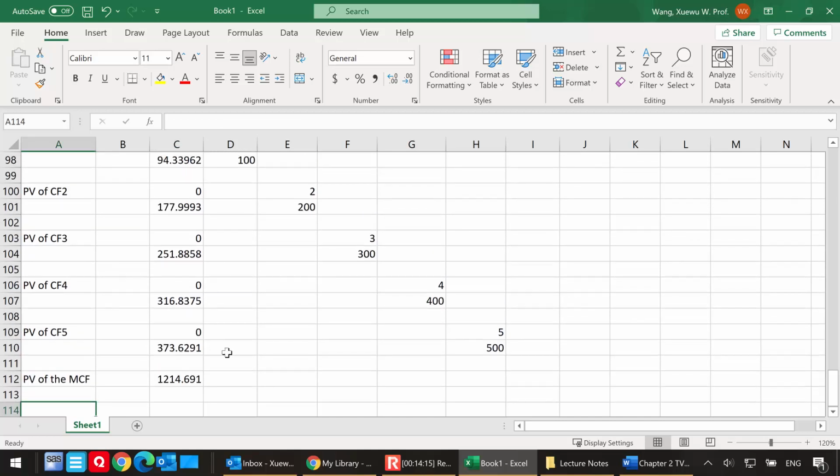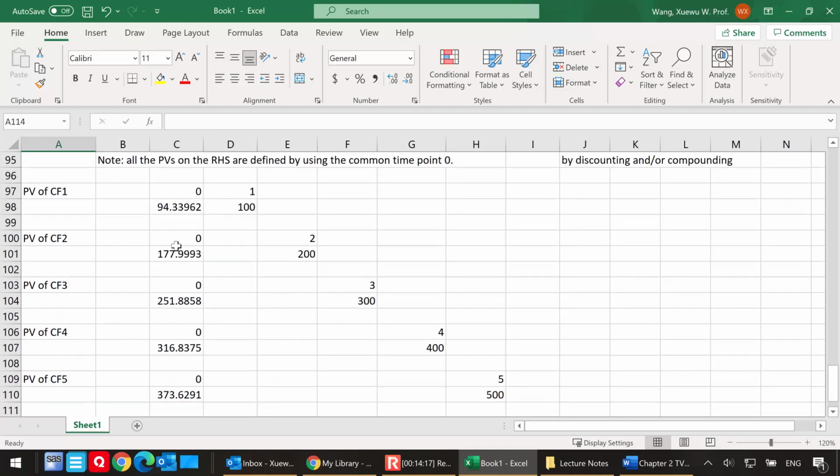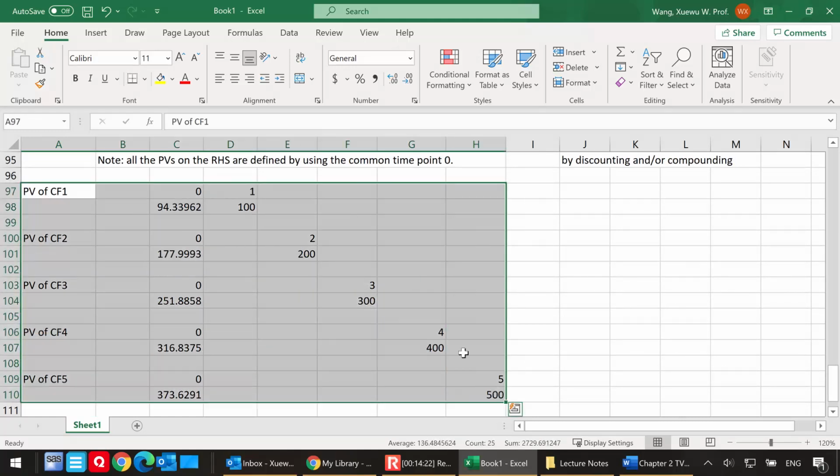So I could have wrapped up this discussion here, but you notice that this is rather cumbersome. Imagine if you're going to have 360 monthly mortgage payments, and you want to find out the present value of these monthly mortgage payments, you would have to do this 360 times, and that is really not efficient at all.